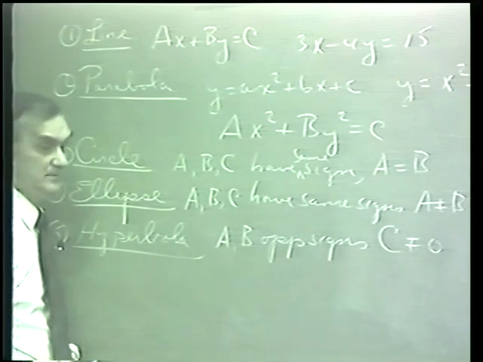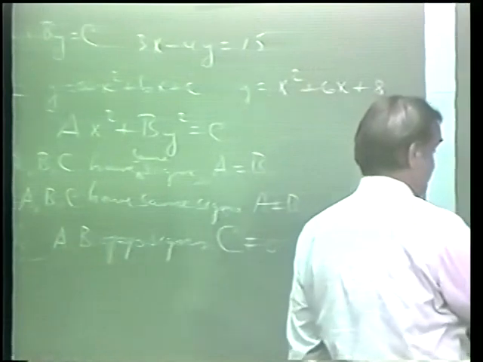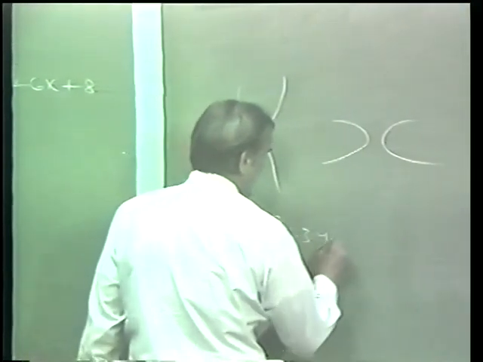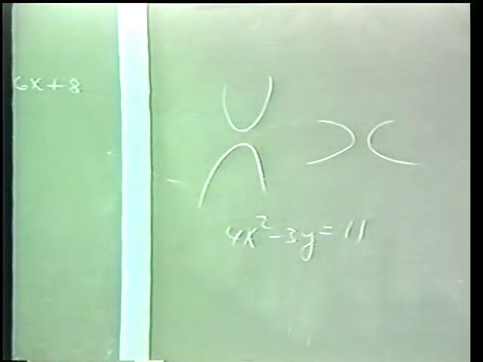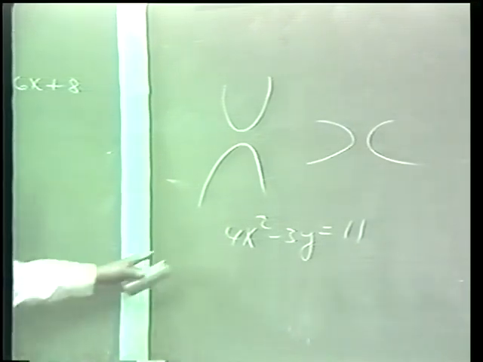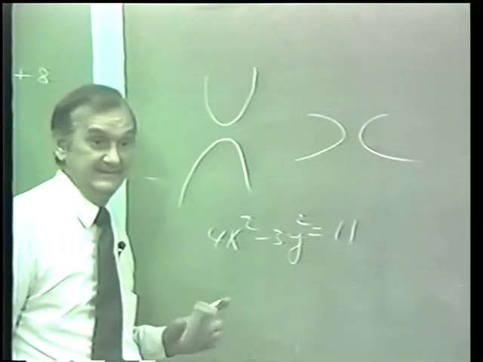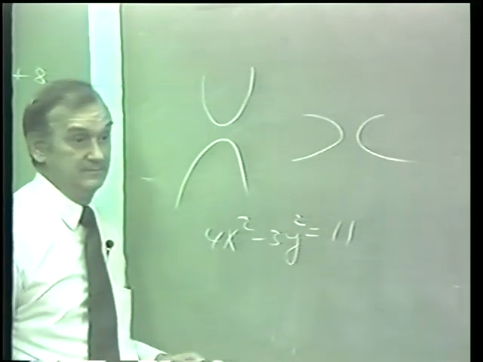An example for a hyperbola. 4x squared minus 3y squared equal 11. This is a hyperbola. Notice A and B have opposite signs. And C is not 0.